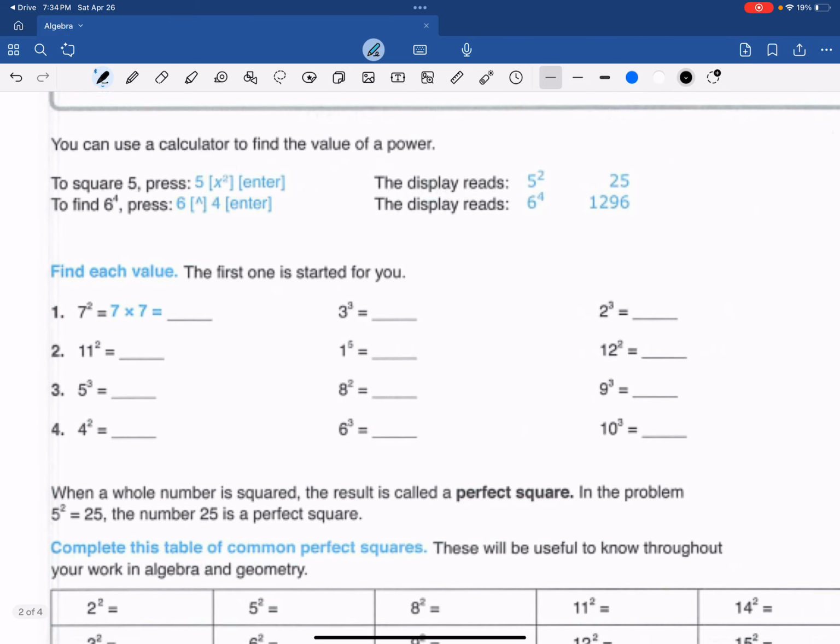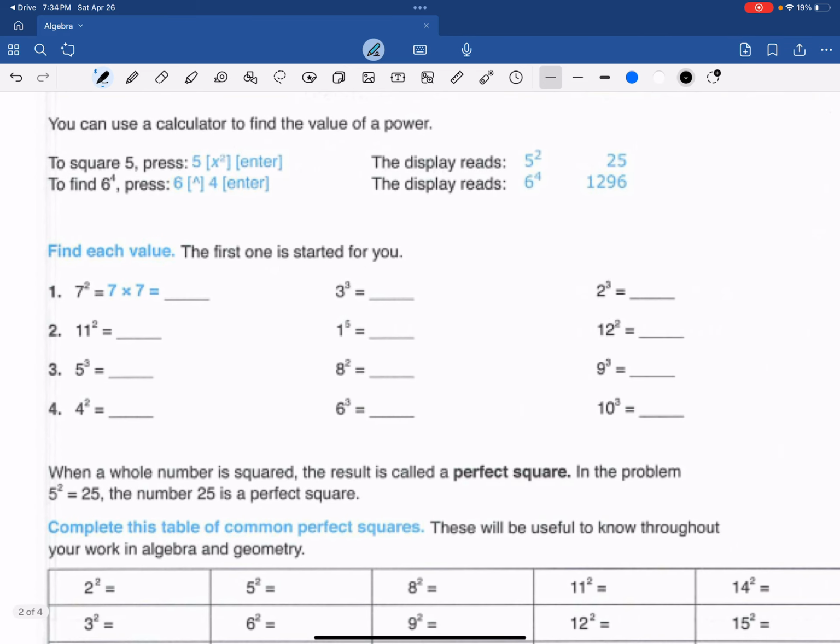Okay, it says to find each value, the first one is started for you. 7 sevens are 49. 3 to the third power is 3 times 3 times 3, and that will be 9 times 3, or 27.